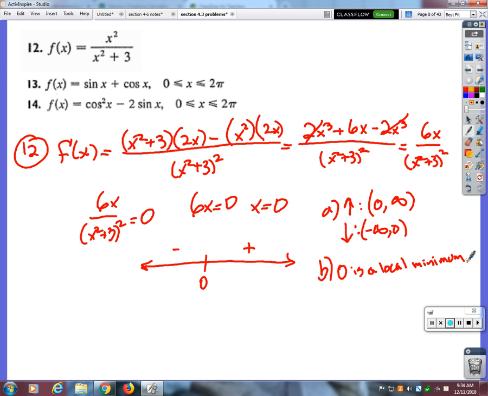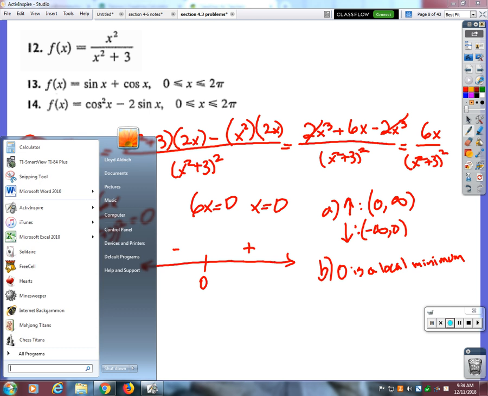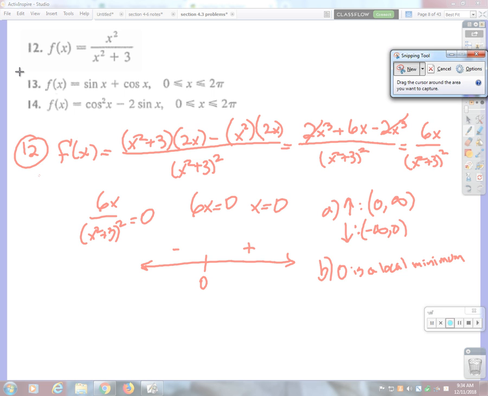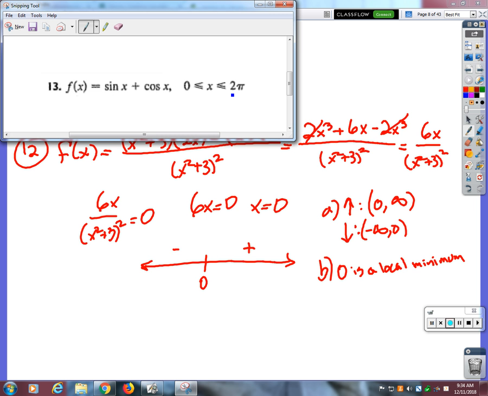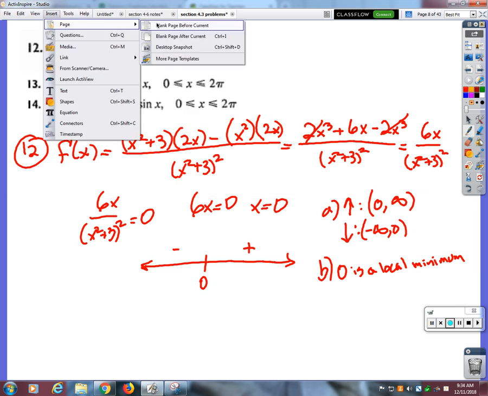Because the fact that this is negative means it's going down, and then it comes back up. So the 0 is at the bottom.